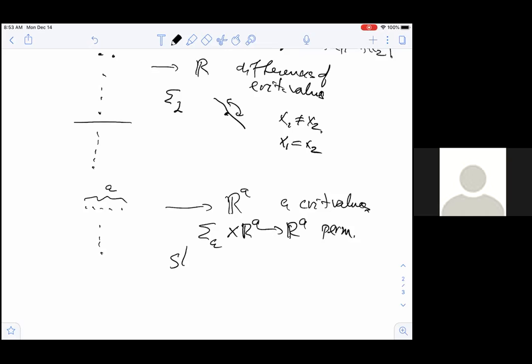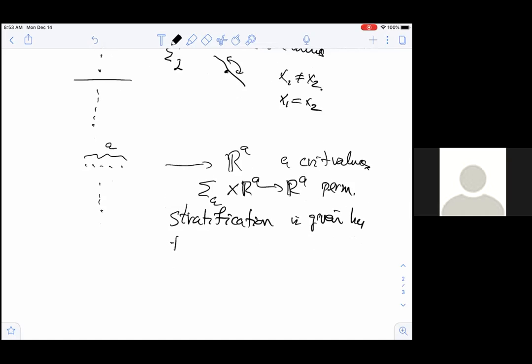And the stratification is then given by this action.